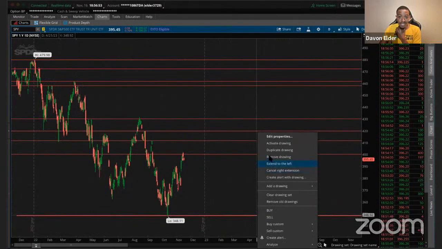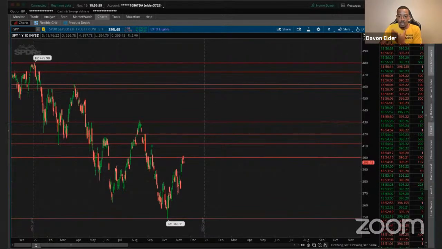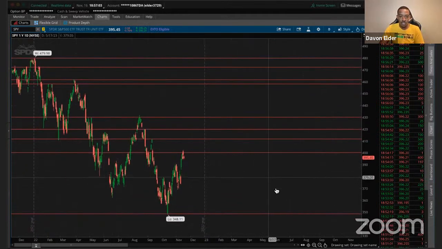Yes. But anything in life is going to take you time to identify. So I don't want you to look at this as intimidating. It was very, very simple for us to identify all these levels.